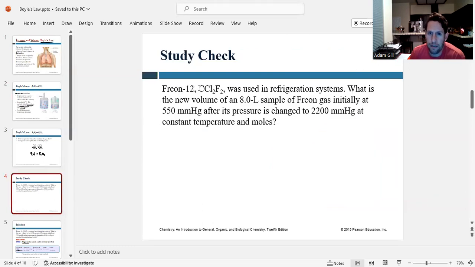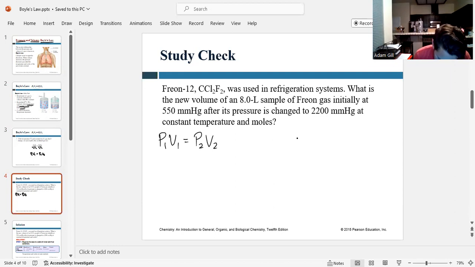So Freon CCl2F2 was used in refrigeration systems. What is the new volume of an 8-liter sample of Freon gas, initially at 550 millimeters of mercury, after its pressure is changed to 2200 millimeters of mercury at constant temperature and moles? So we're using Boyle's law, P1 V1 equals P2 V2.